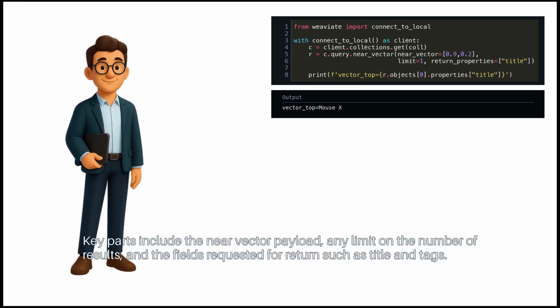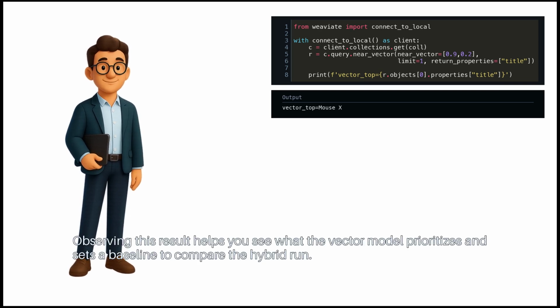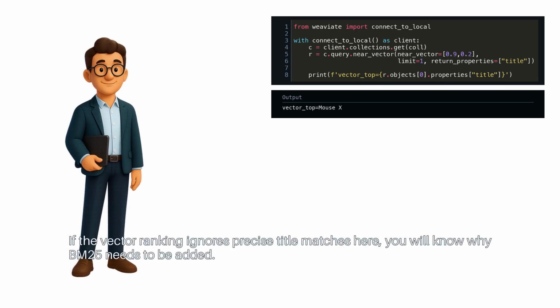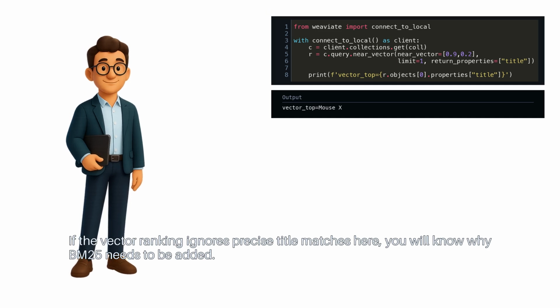Key parts include the near vector payload, any limit on the number of results, and the fields requested for return, such as title and tags. Observing this result helps you see what the vector model prioritizes and sets a baseline to compare the hybrid run. If the vector ranking ignores precise title matches here, you will know why BM25 needs to be added.